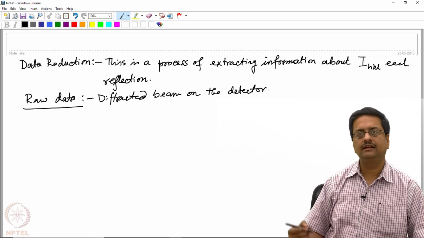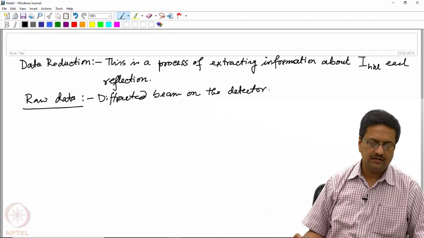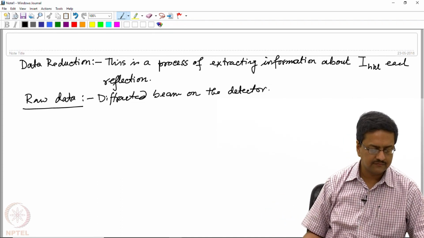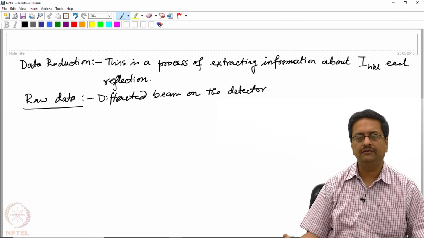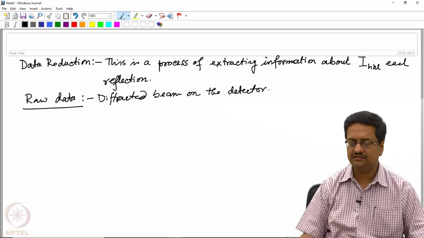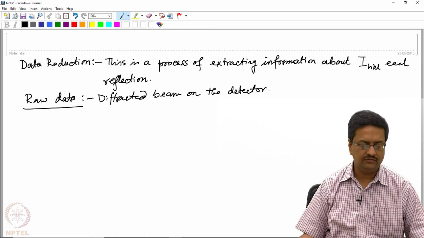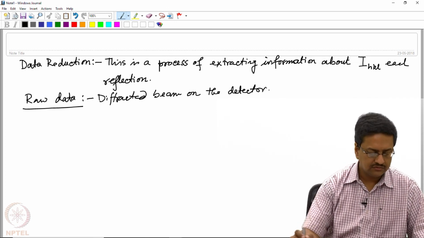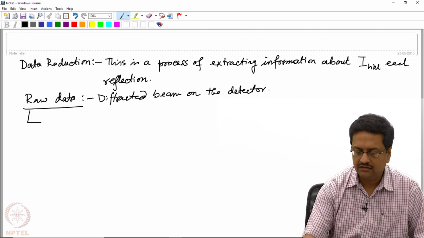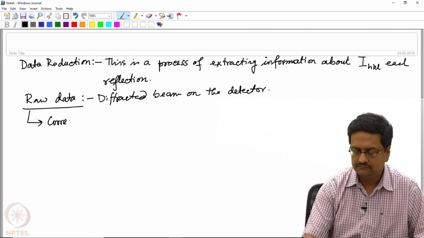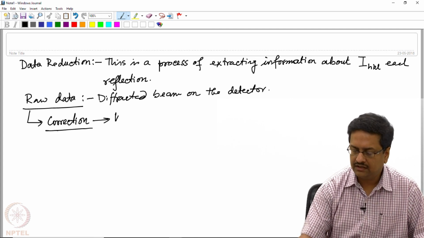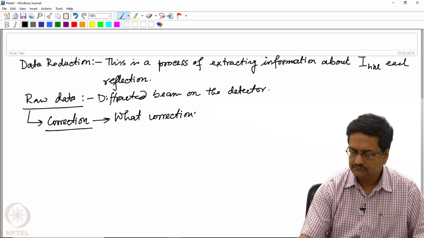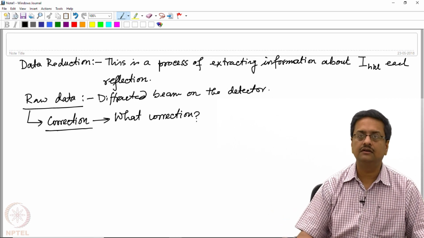The diffracted beam intensity is then corrected for various aspects, because these diffracted intensities are affected by different physical properties related to the diffractometer, related to the crystal and so on. So, the raw data needs correction. What corrections? The corrections are of different types.